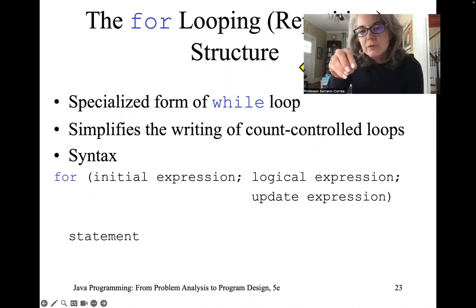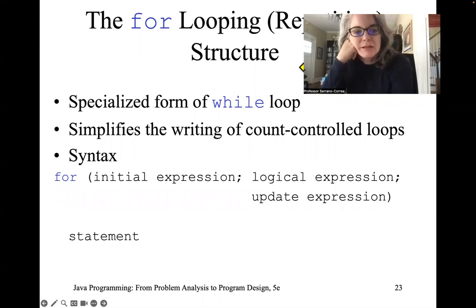But the for loop simplifies the whole writing of the loop. So if you know that you want to count by 1, or by 2s, or by 3s, or by -1, like count backwards, you want to use a for loop.